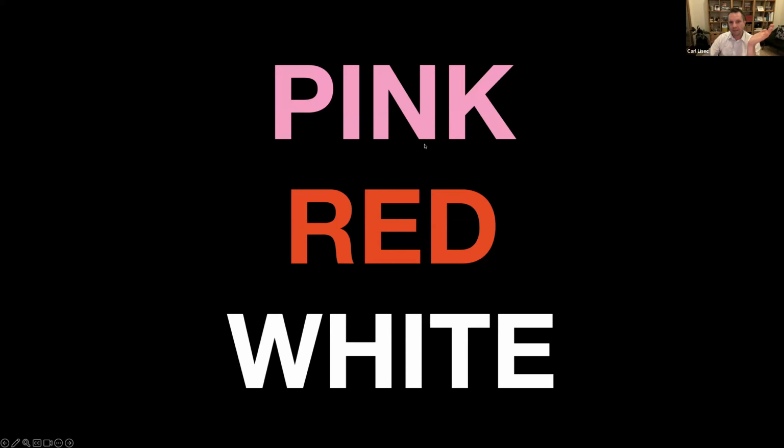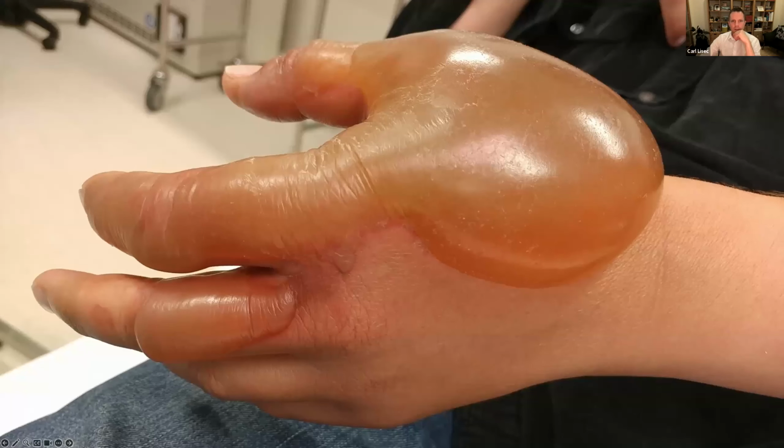And there's only 3 colors that I go off. This was taught to me by one of my mentors when I did my burn fellowship, and he said, there's only 3 colors. It's pink, red, and white. Pink is superficial, white is deep, and red is somewhere in between. So we'll go through that in a second.